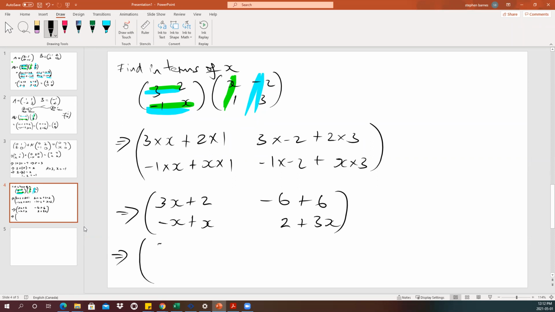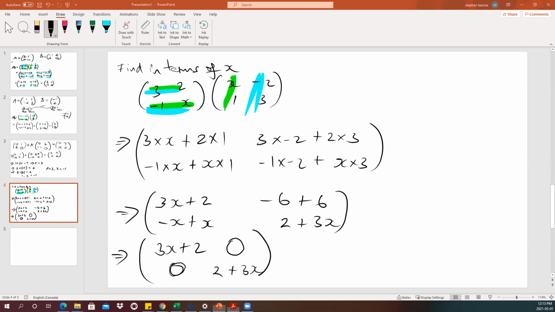So this is 3x plus 2, this is 0, this is 0 as well, and then this is 2 plus 3x. Nice. So that's how we would do that one.